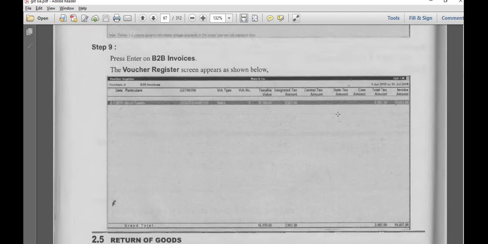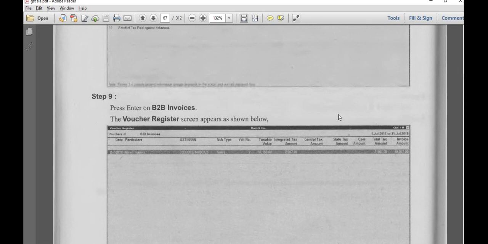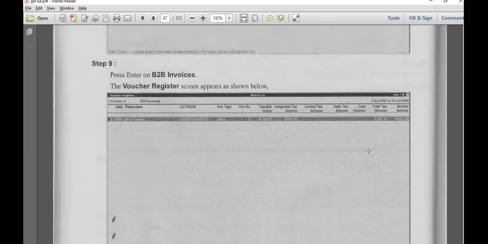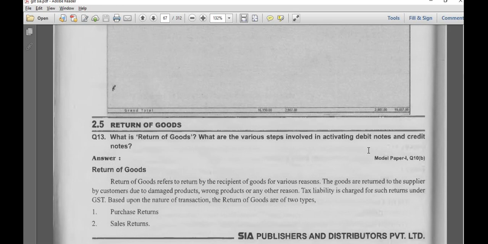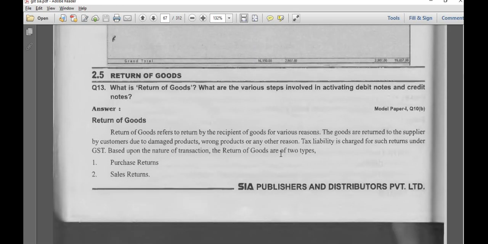Okay, these are B2B. So till now we have performed purchases and sales, interstate and intrastate. Clear? Do you people have any doubts in this till now?